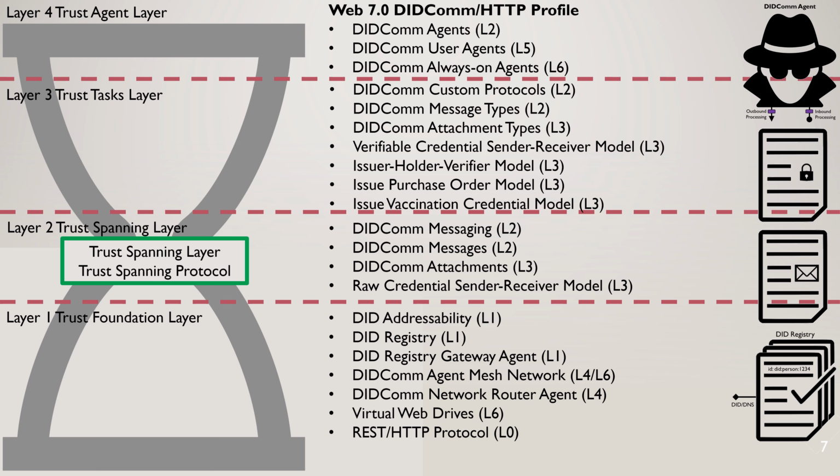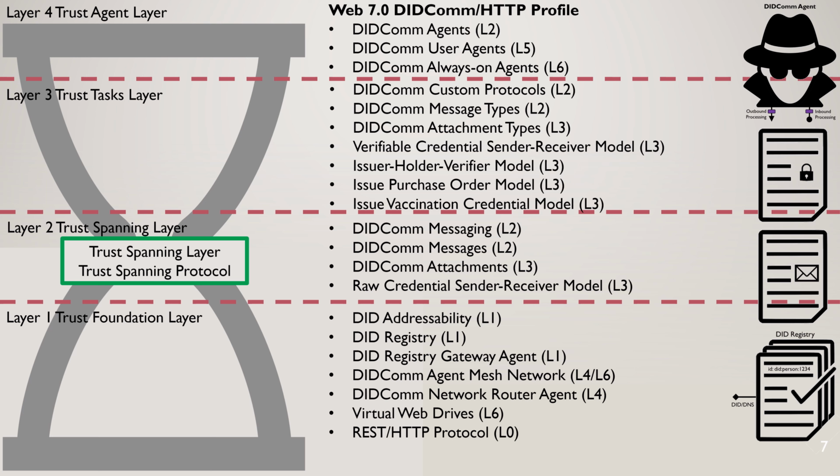And the items on the right, the DIDCOMM HTTP profile, are the same ones that we discussed earlier when we mapped the DIDCOMM-ARM architecture reference model to the TOIP hourglass model. And we're not going to drill down into each of these. We'll kind of talk about all of them in turn.